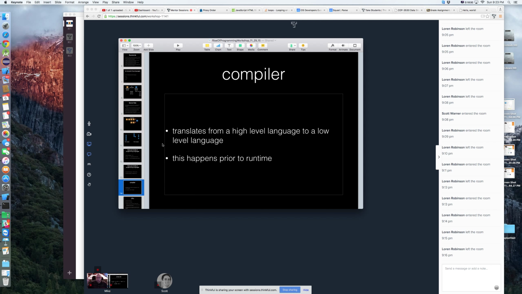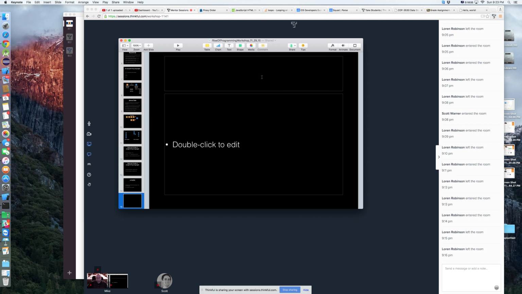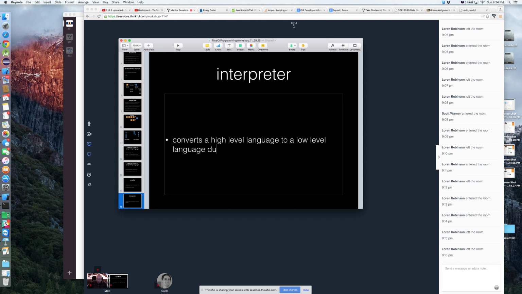Okay? Now, an interpreter is the opposite of that. This converts a high-level language to a low-level language during runtime.